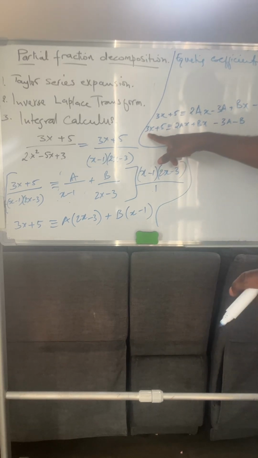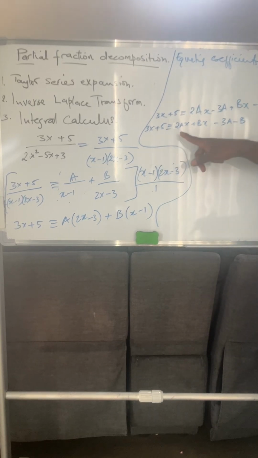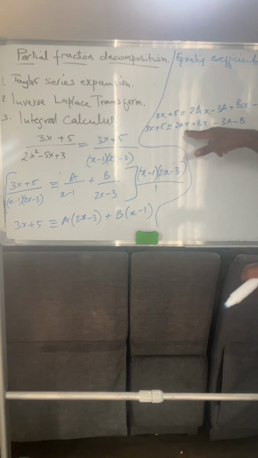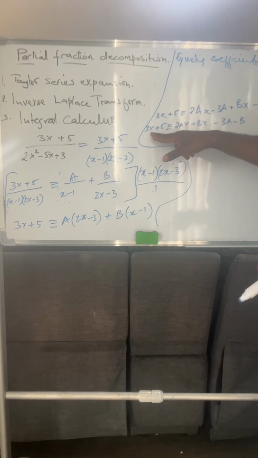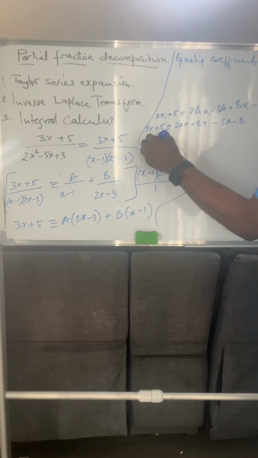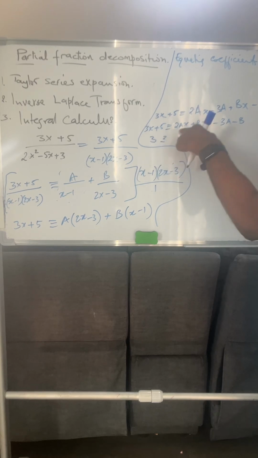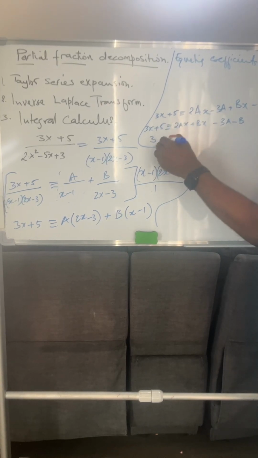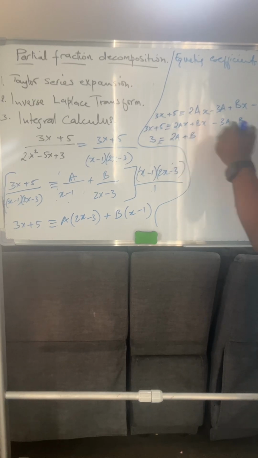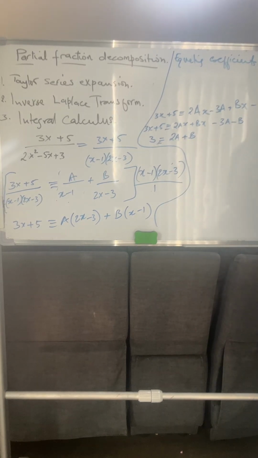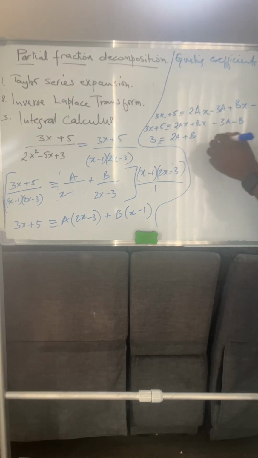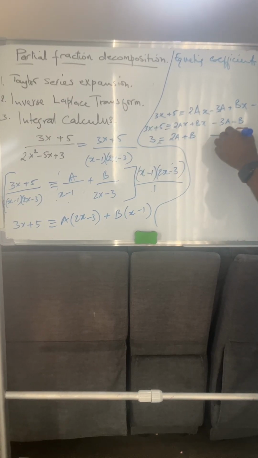The 3x, this has x, this has x, this has x. So if you're equating these coefficients of x's, it means here we'll have 3 is equivalent to 2a plus b. Anything that has x. Yeah? And this is our equation 1.